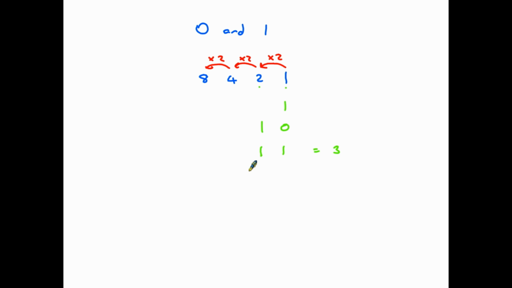If I then want to go to 4, I would put a 1 in this column, 1 four, no 2's, no 1's. That would be the equivalent in binary of 4. So for instance, if I write down 1, 1, 0, that would be 1 four, 1 two, that's 6, no 1's, and that would be equal to 6.